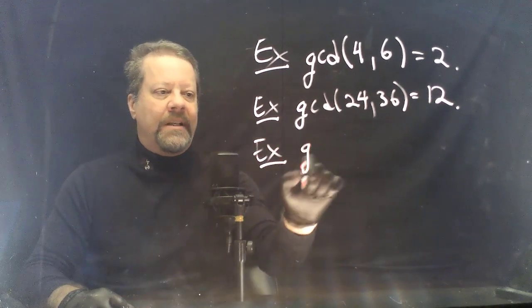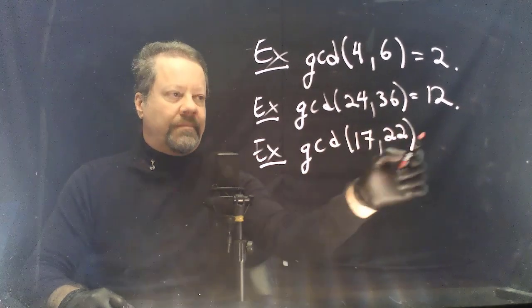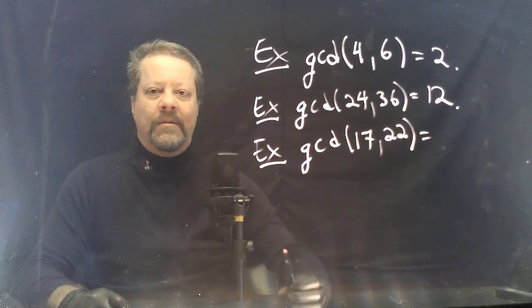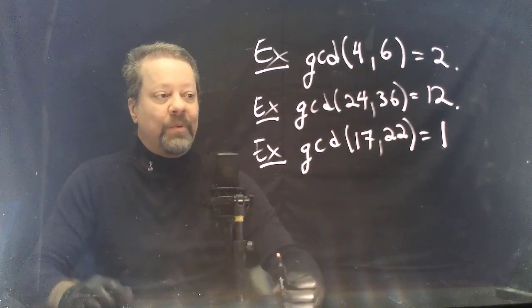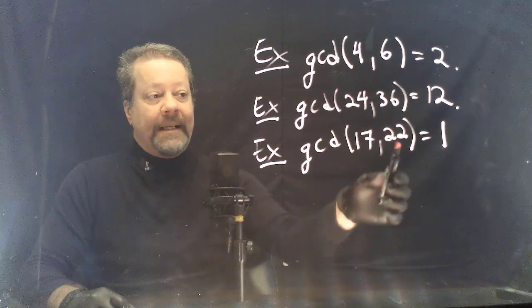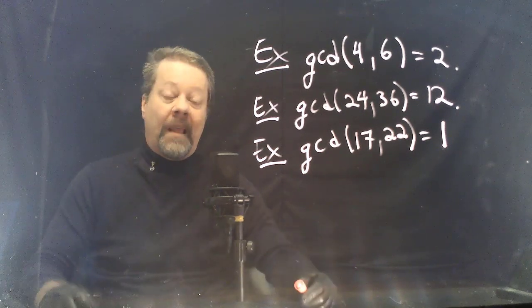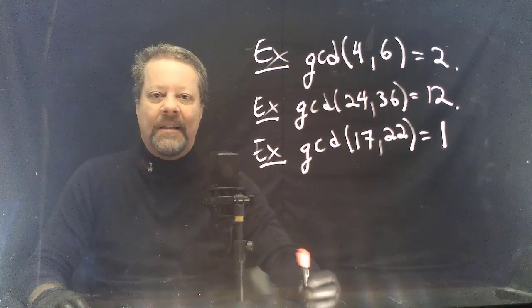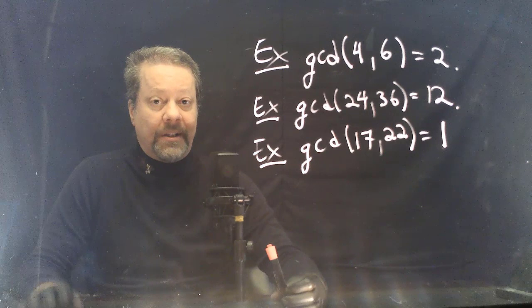What's the greatest common divisor of 17 and 22? Well, in this case, the greatest common divisor will be 1, because that's the biggest natural number that will divide them both. After all, 17 is prime, so it's only divisible by 1 and 17, and 17 certainly doesn't go into 22.